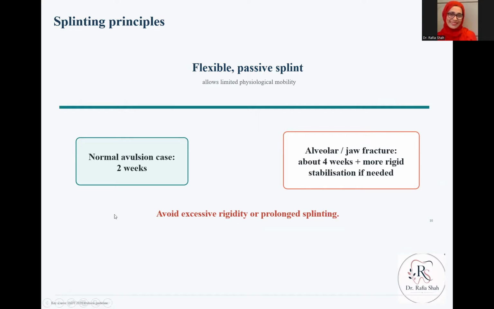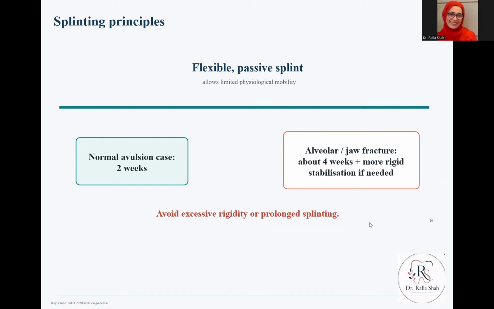For normal avulsion cases, studies say that you need to apply this fixation for 2 weeks. But if it is followed by any alveolar injury, any jaw fracture or any other small fractures to the region from where the tooth is avulsed, then we can add 2 weeks more, and the fixation would change from flexible to a more rigid stabilization.